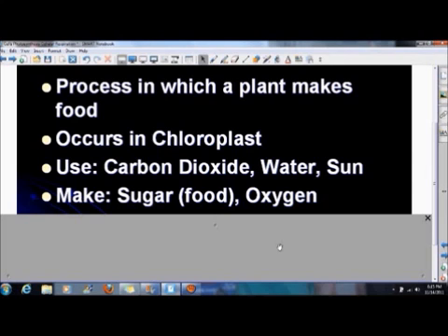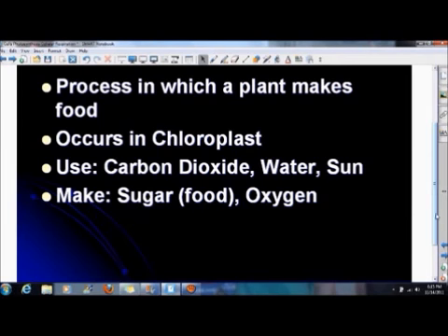They also produce oxygen, which is important to us. So that is the process of photosynthesis.